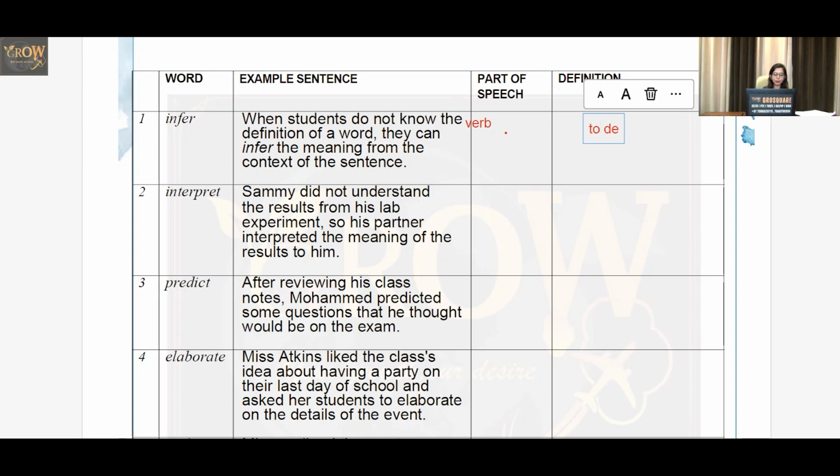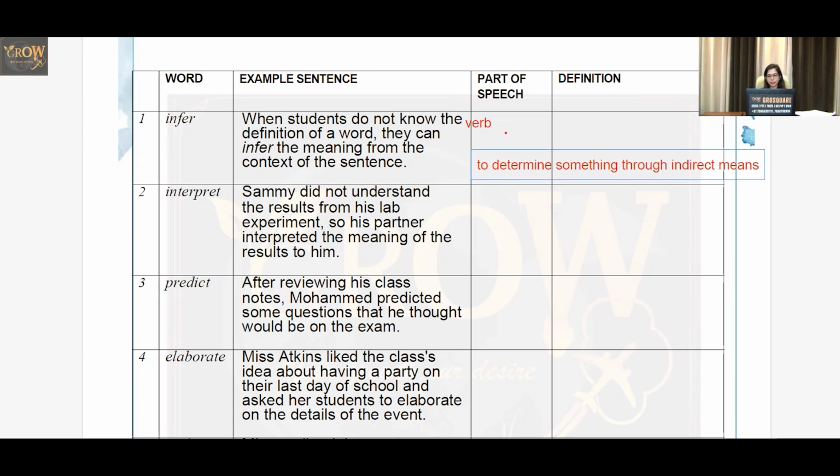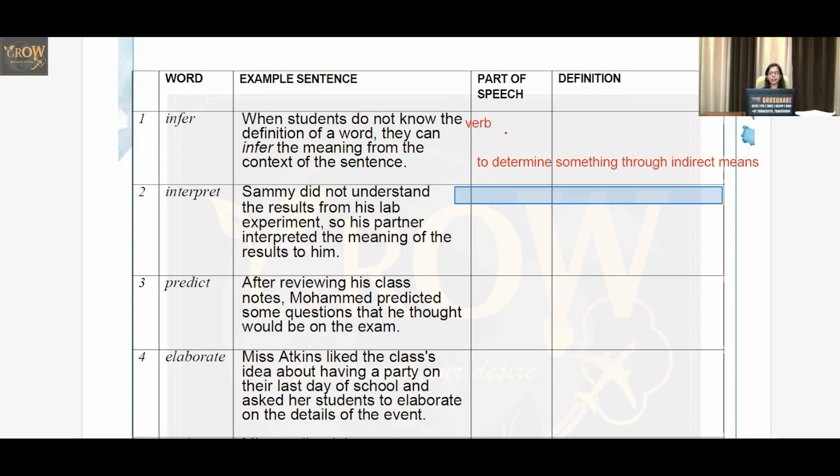So infer means to determine something through indirect means. It means to determine something through indirect means.